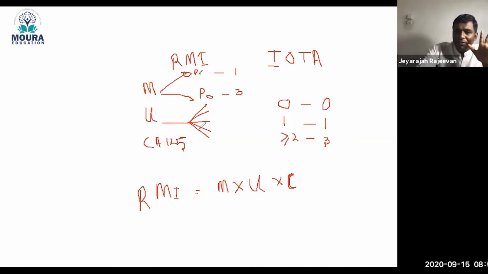Ultrasound, there are 5 features we are looking for: bilateral, solid area, multilocular, free fluid, features of secondary. If you don't have any features, score is 0. One feature, score is 1. Two or more, score is 3. Then you can do the CA125. Once you know the value of CA125, then you can calculate the risk malignancy index.